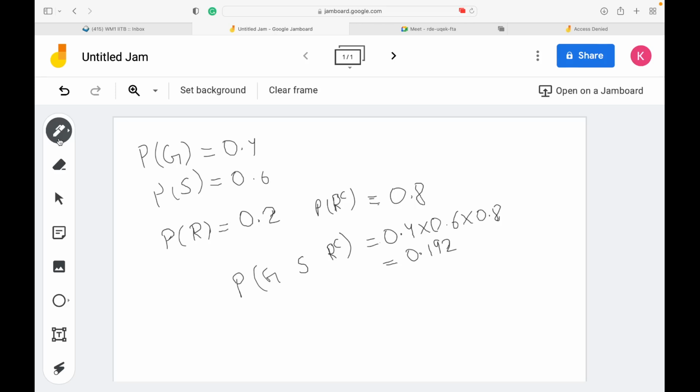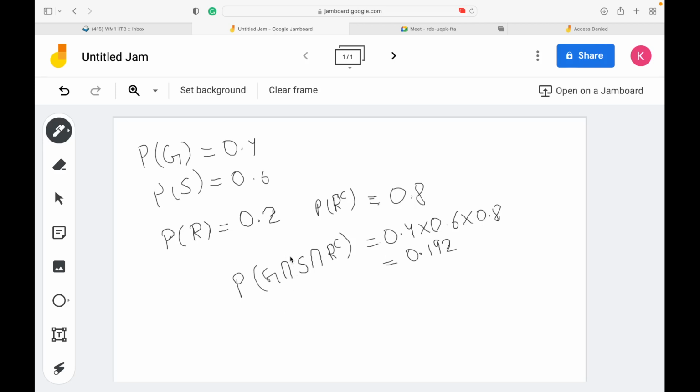But we want that all three events will occur simultaneously. So this will be more like an "and" kind of thing. So it will be a kind of intersection, not union.